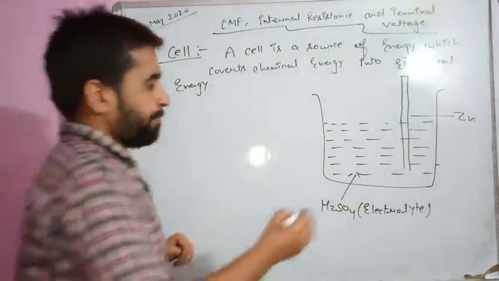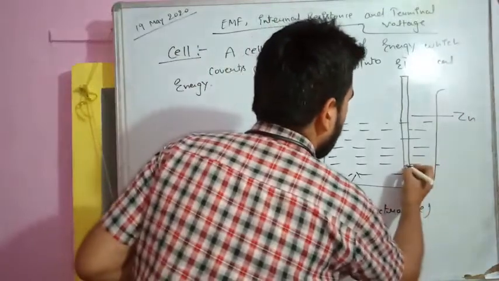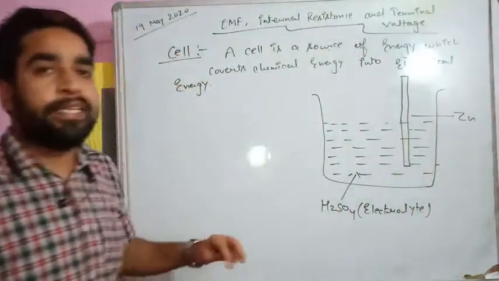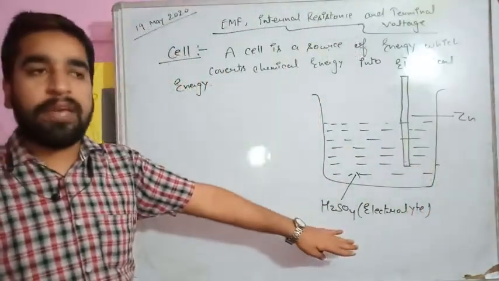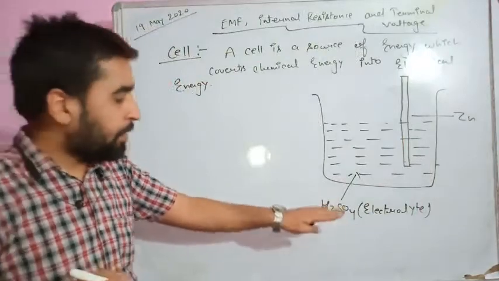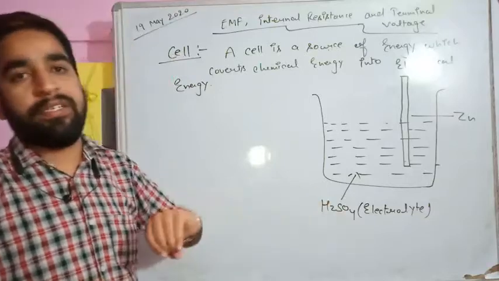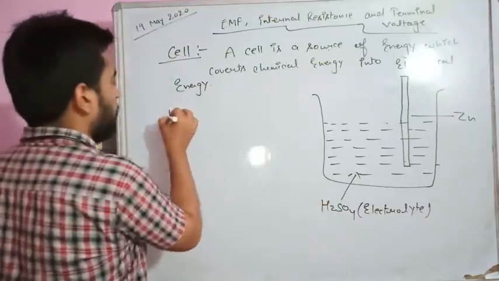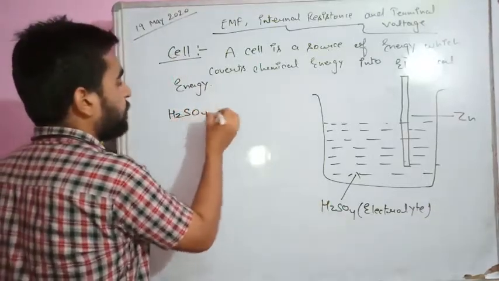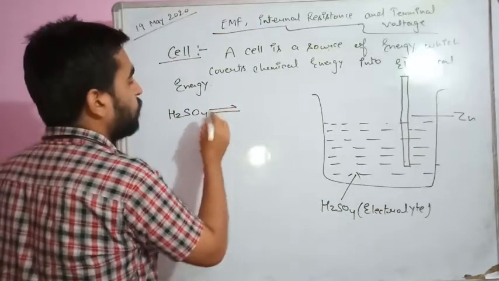So once you introduce the electrode inside the cell, one chemical reaction will start occurring, that this H2SO4 will start its ionization. So how will this ionization occur? This H2SO4 will start breaking down into ions.